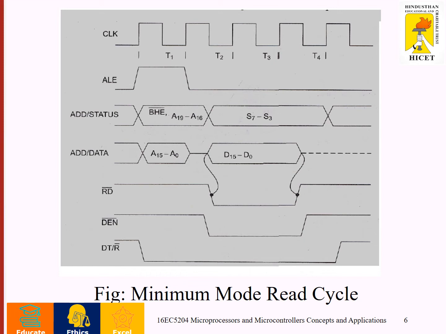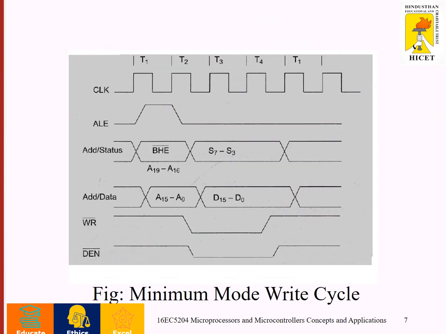Then RD bar is low, indicating that valid data is placed on the multiplexed address data bus. Similarly, DEN bar is low, indicating that the proper data is available on the data bus. The DT/R bar signal, the data transmit/receive signal, is 0, indicating that data is in the receiver mode of operation.